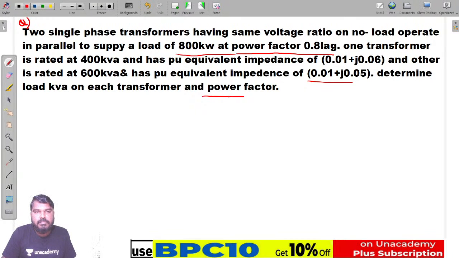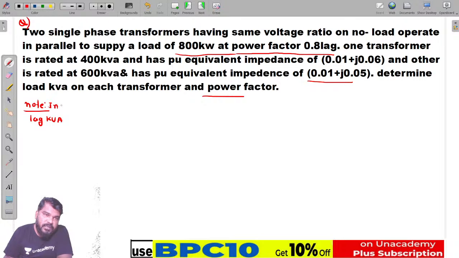Determine first, what is the load kVA? Here note in this case, in any electrical system, the lagging kVAR is positive, and leading kVAR, reactive power, is always negative.